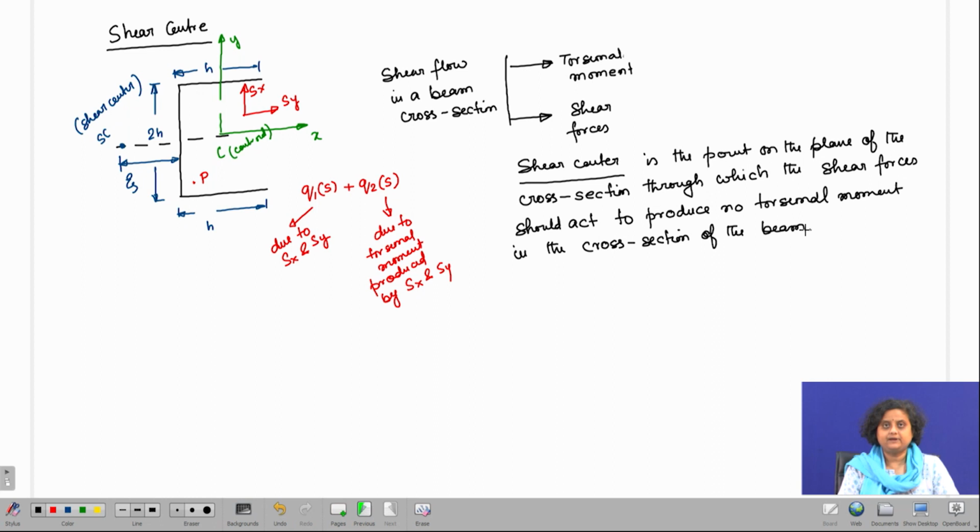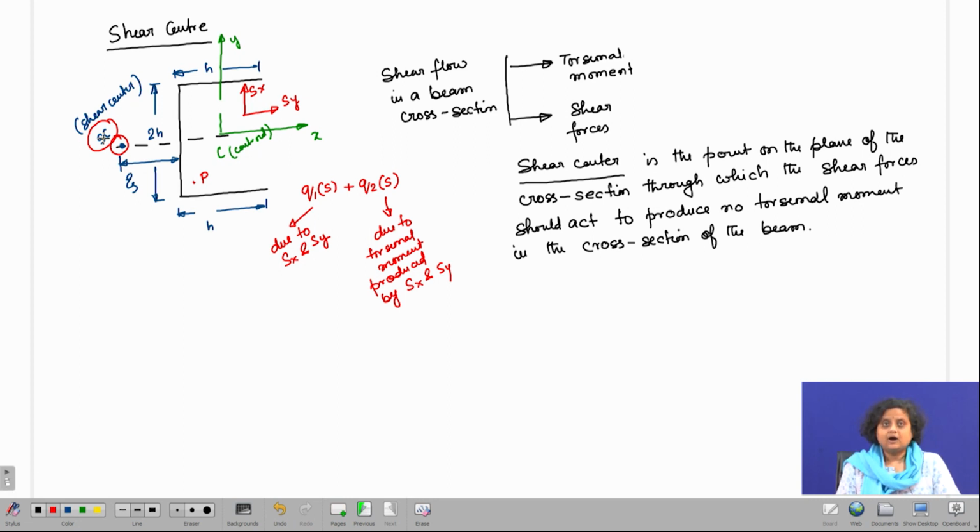Let me just explain it. So, shear center is a point. So, I have drawn this point. Shear center is a point on the plane of cross section of the beam such that if the shear forces pass through this point, the shear center, then there would be no resultant torsional moment in the cross section of the beam.